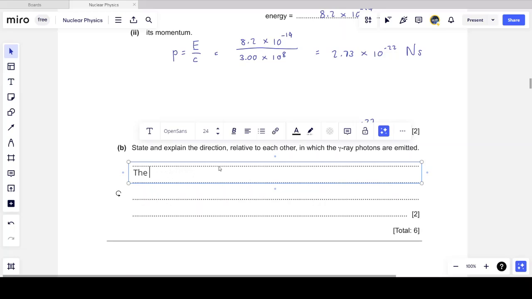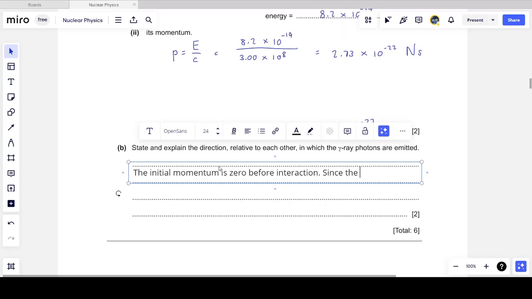Well, we know that the initial momentum of the electron and positron is 0. So it's 0 before, I'm going to use the word interaction instead of annihilation because I don't think I could spell annihilation right now. So I'm going to say before interaction.